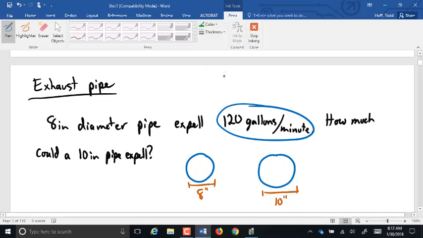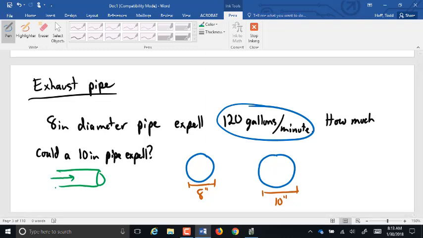The area of the pipe increased, not the volume of it. For this problem to have changed volume, we'd have to also change the flow rate of the fluid flowing out of that pipe. Does that make sense? As long as that flow rate stays the same, changing the diameter just changes the cross-sectional area. So this really is an area problem.